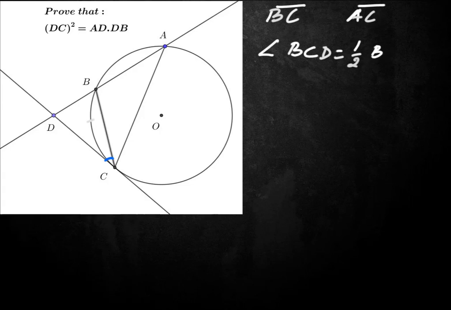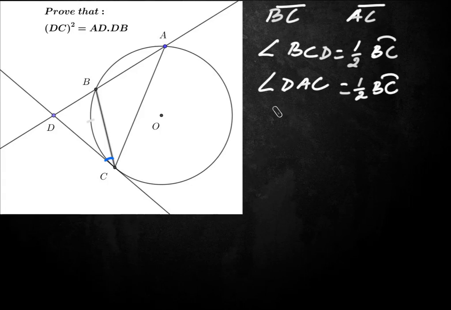We can prove that in another video. In the same way, angle DAC also intercepts the same arc, and is also equal to half of BC.